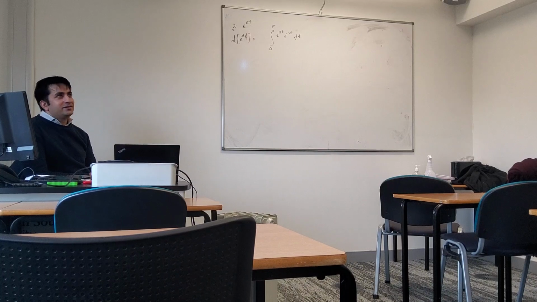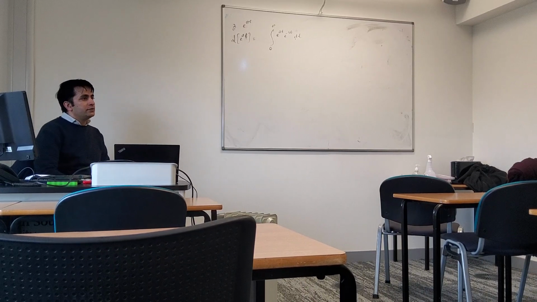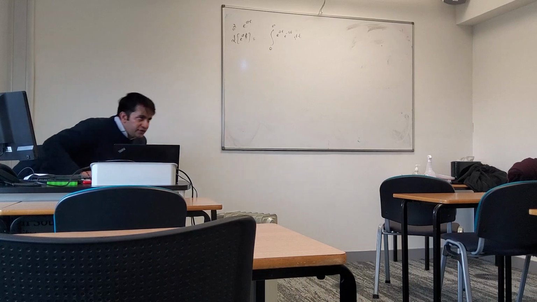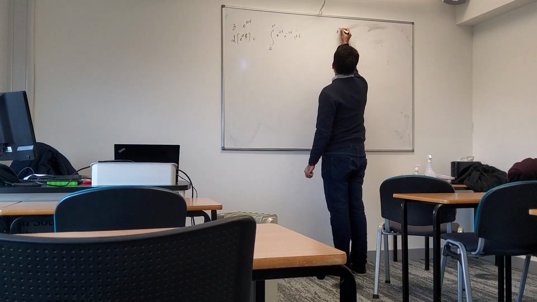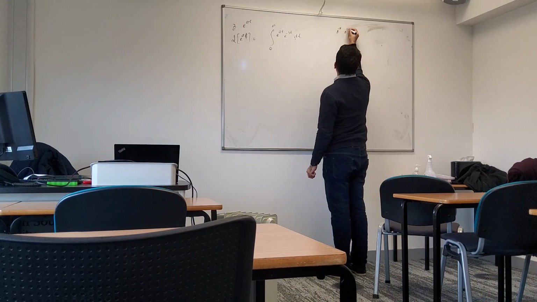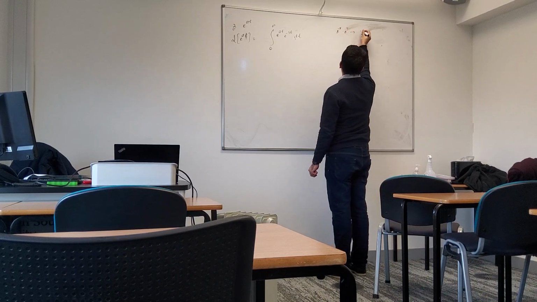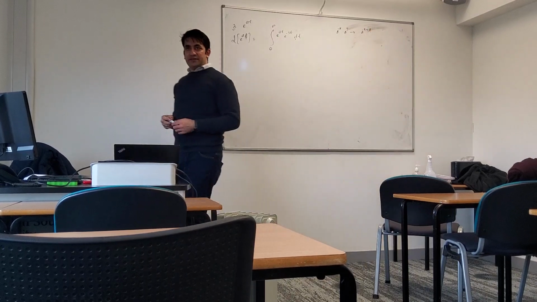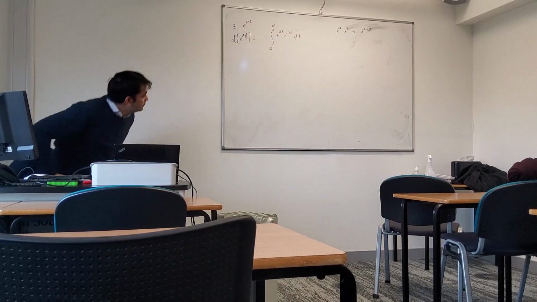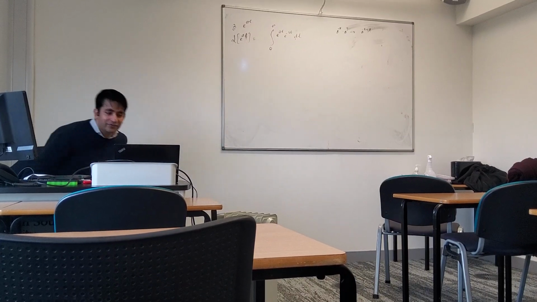You have the same base, so you can add the powers. You have e power minus x and e power y, so you can write them as e power minus x plus y. So you just need to combine them, and then solve it, and it will make your life easy.